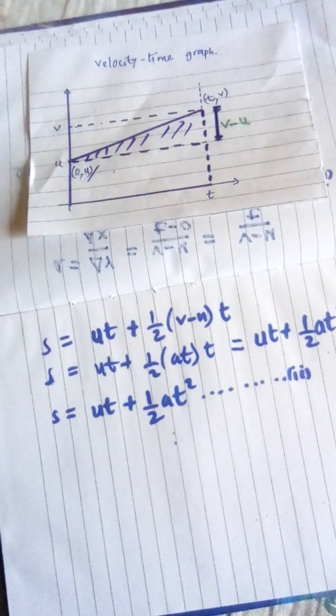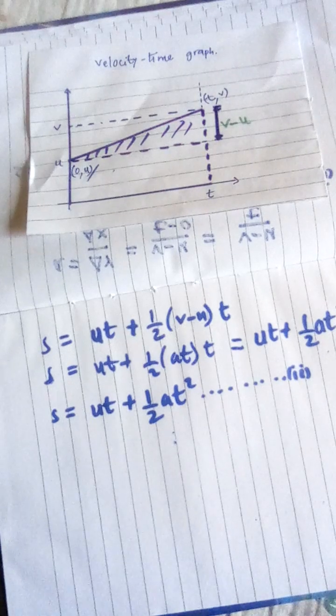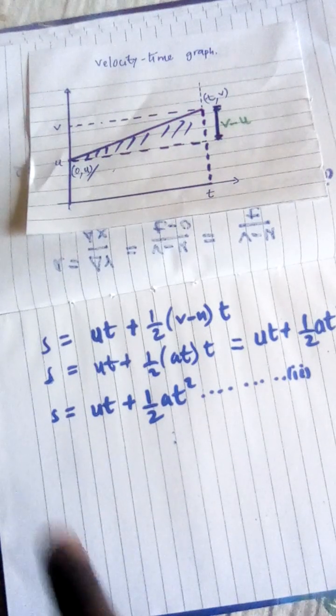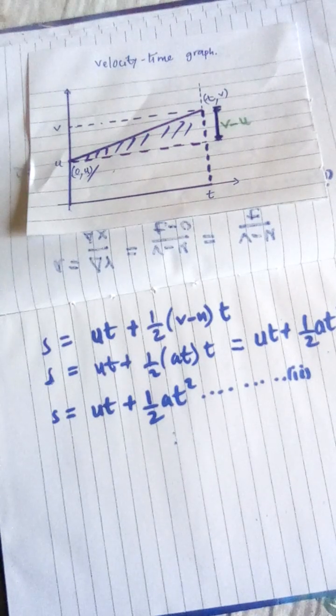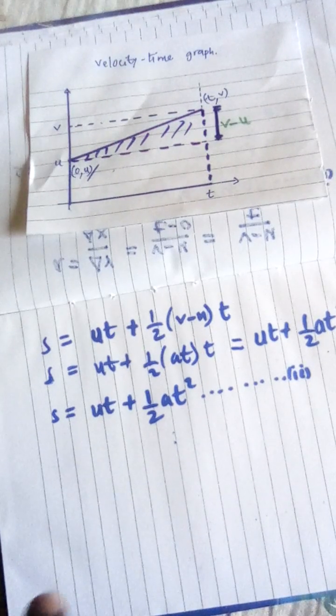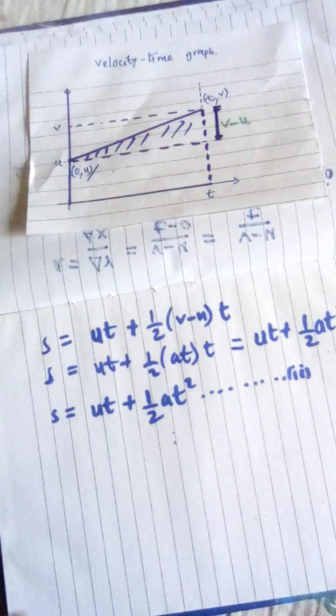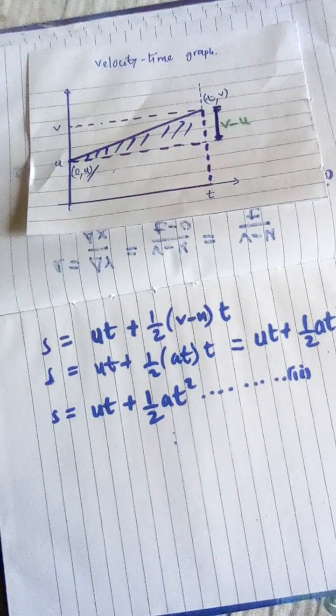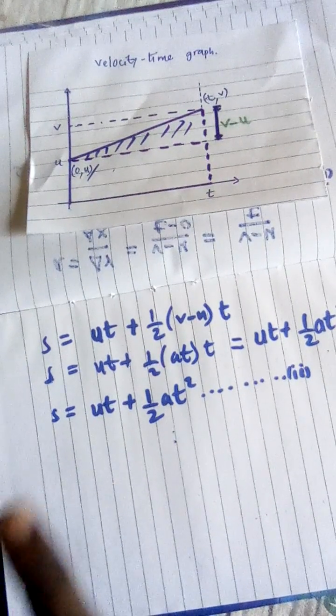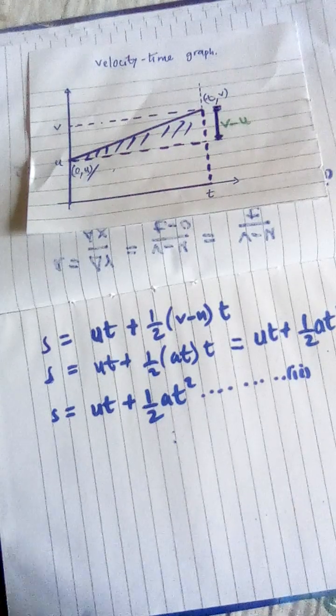Now let's go and find the last equation which you are interested in. The last equation depends on the first equation and the second equation. The first equation is v is equal to u plus at, and the second equation is ut plus half at squared. So the third equation will depend on the two found equations, the first one and the second one.